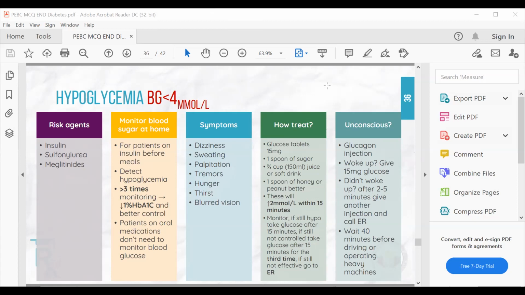How will you deal with me in that scenario? If the patient is unconscious, we can give a glucagon injection. I think we should wait maybe at least 5 minutes. If the patient didn't wake up, we call emergency.